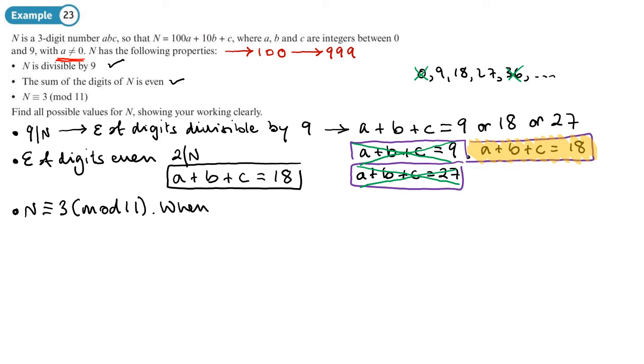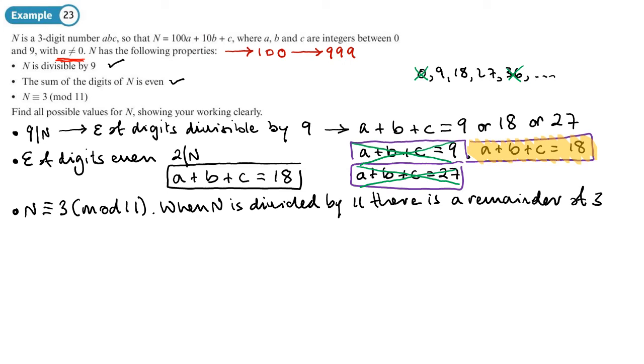When n is divided by 11, or a multiple of 11, that could be negative 11, negative 22, there is a remainder of 3. So let's write down what those numbers could be.